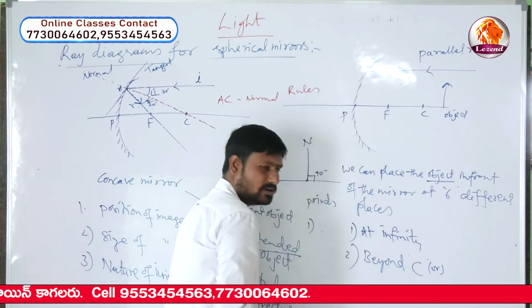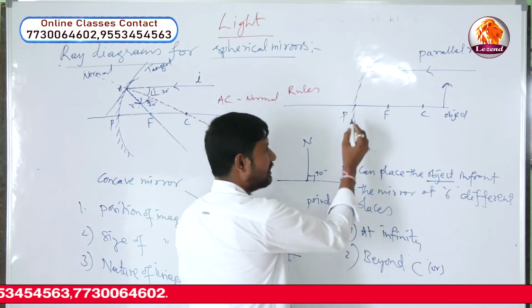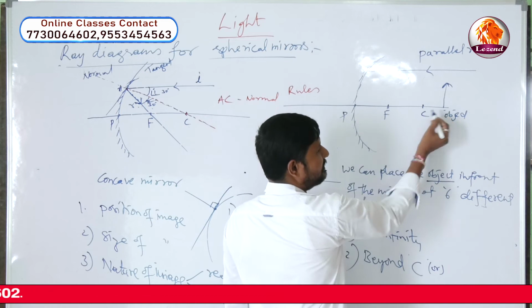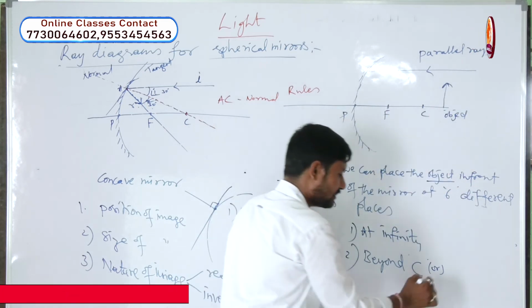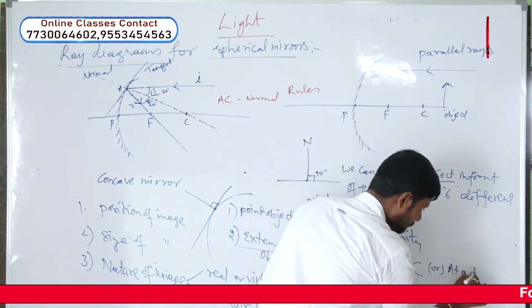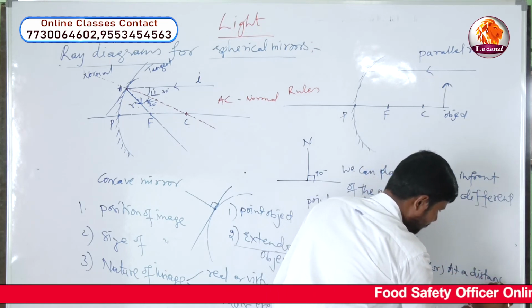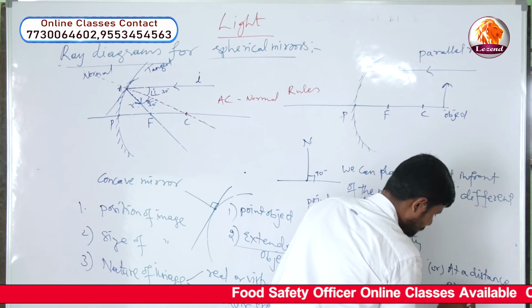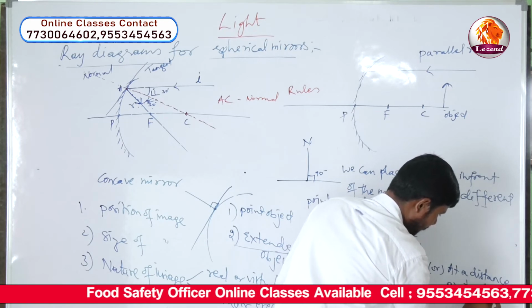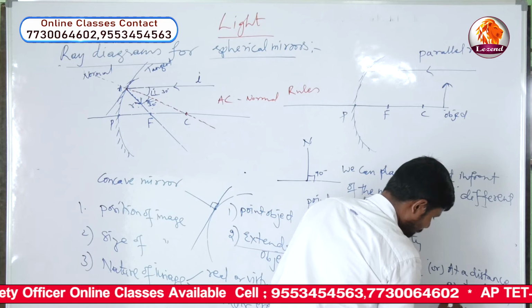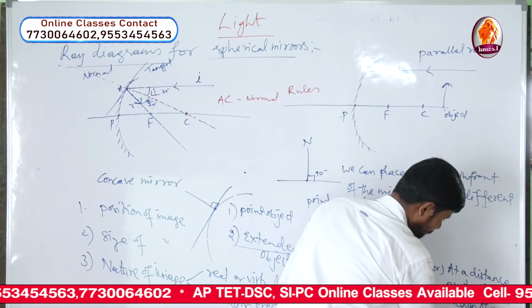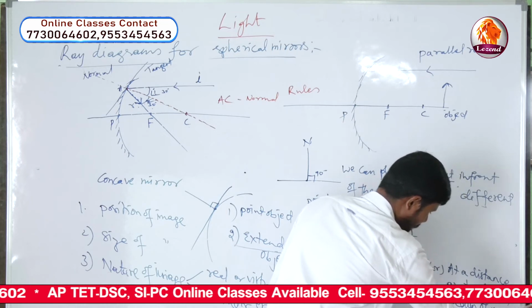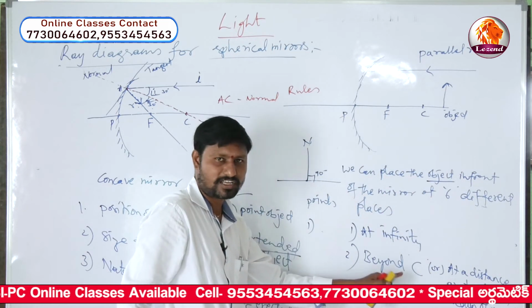Number 2, beyond C, or we can also say the object is placed at a distance greater than the radius of curvature. This is the second position.